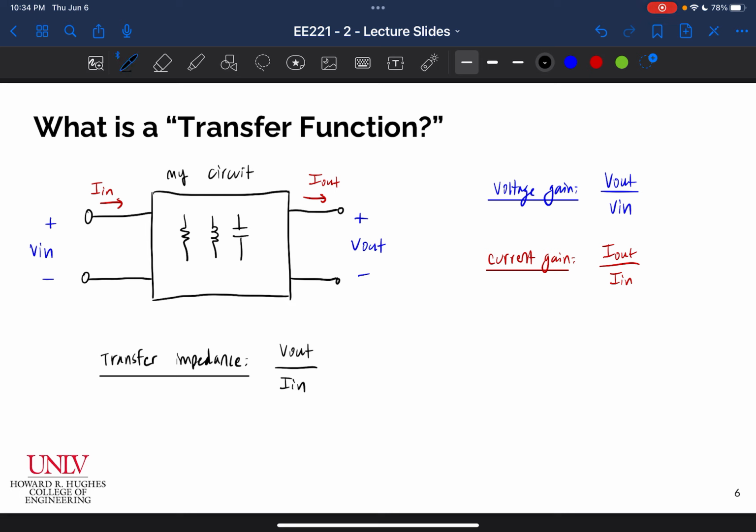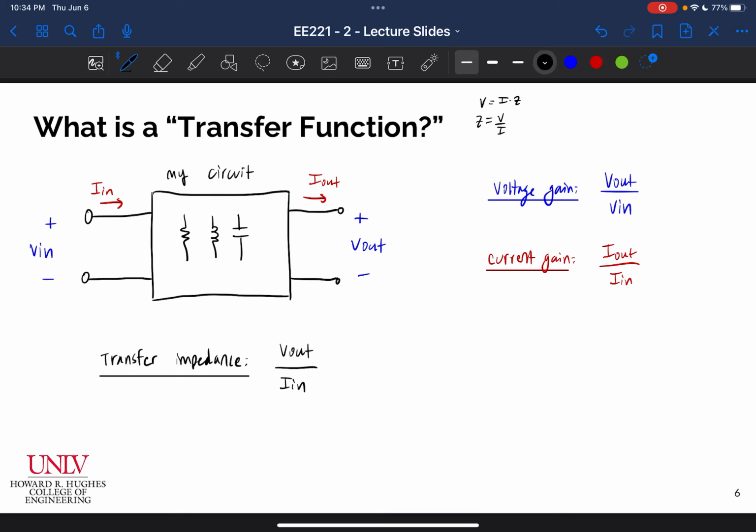You can remember this from Ohm's law, V is equal to I times Z. So if I rearrange for impedance, I get Z is equal to V over I, and V over I is the expression that I get here for my transfer impedance. Transfer impedance is the output voltage divided by the input current. Because in any case, the transfer function is going to be the ratio of the output to the input, so it's always going to be the output in the numerator and the input in the denominator.